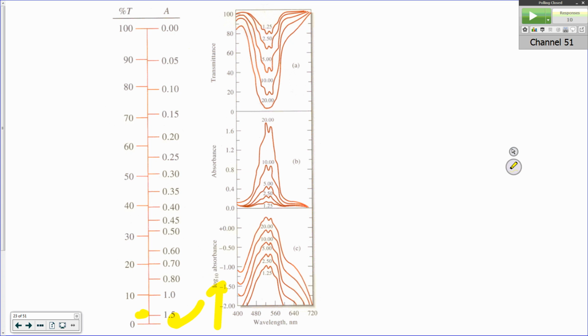So here are the percent T, the absorbance, and then it plotted a log of that. On this particular compound, it looks like the maximum is about, let's see, what's that scale? So that's about 520-ish, something like that.